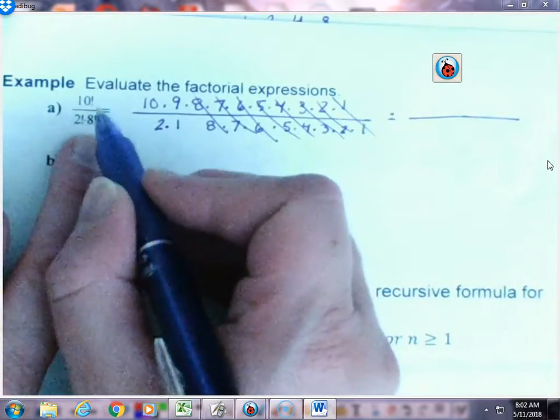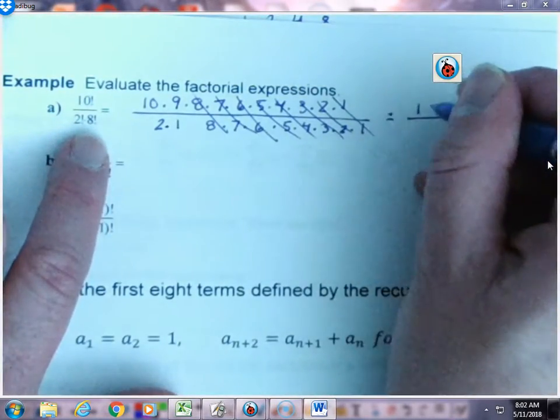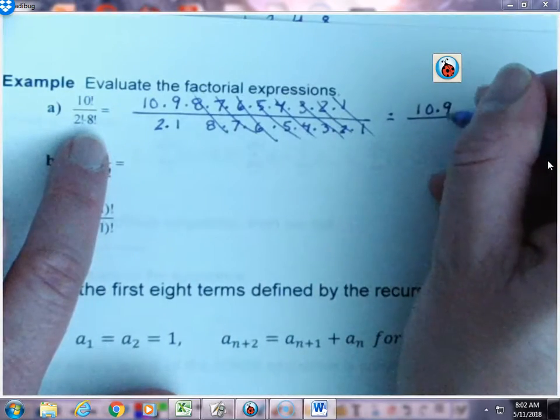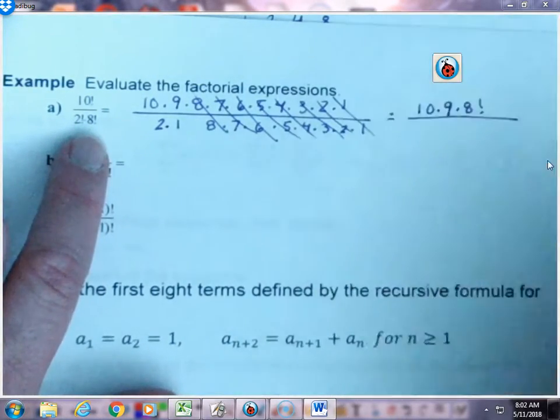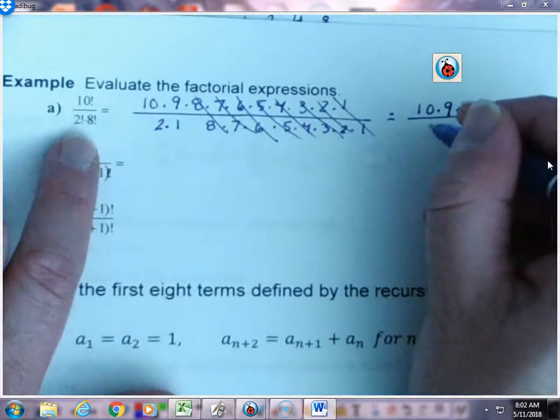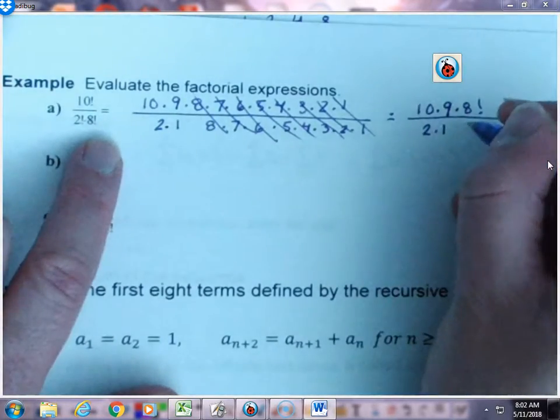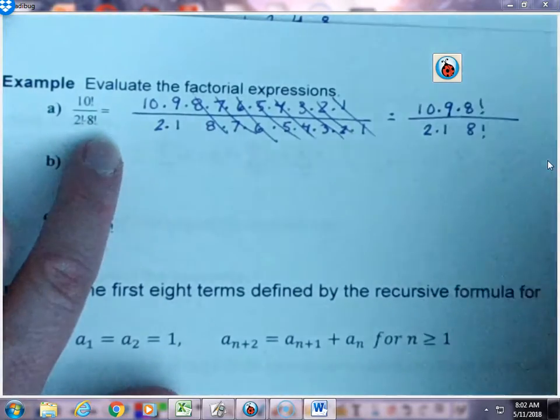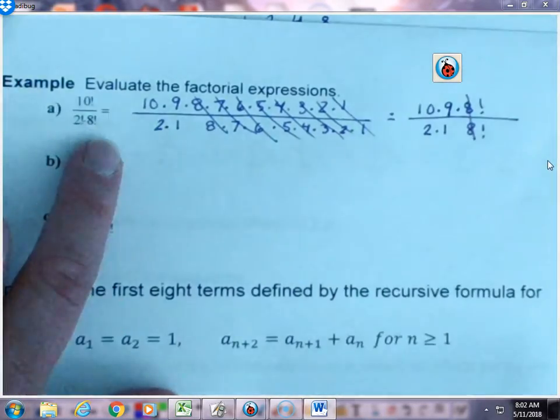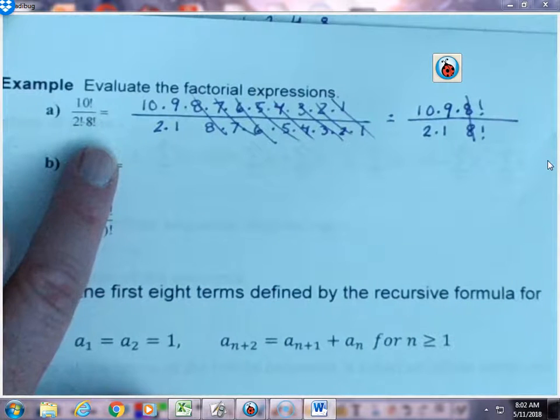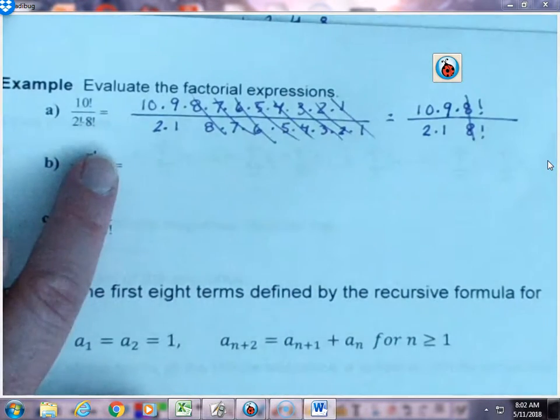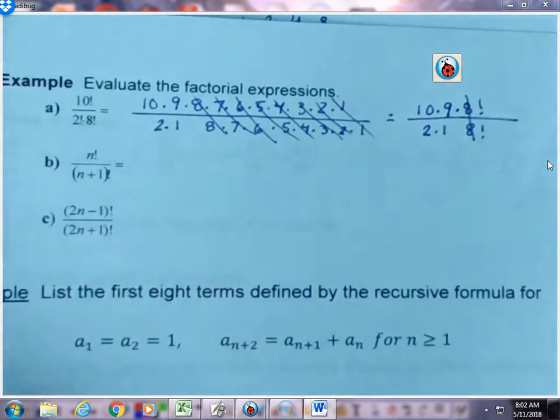So like this, I could have just said 10 times 9 times 8 factorial. And then 2 factorial I might as well say is 2 times 1. And 8 factorial is 8 factorial. And then you're not bothering to write out all that stuff. Because 10 factorial is 10 times 9 times 8 factorial, because 8 factorial just means you keep going. So that can save you some trouble.